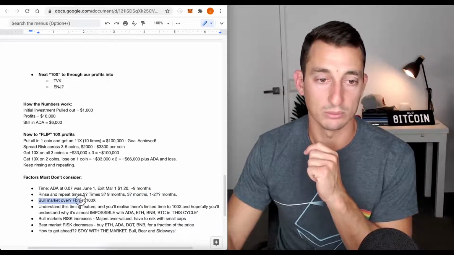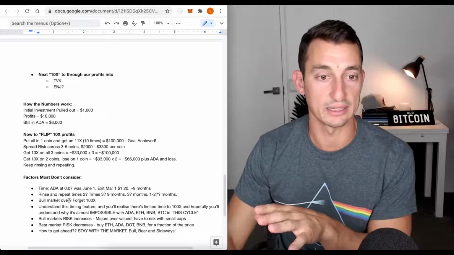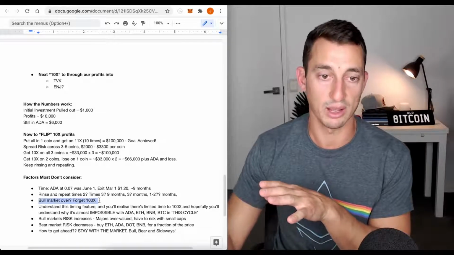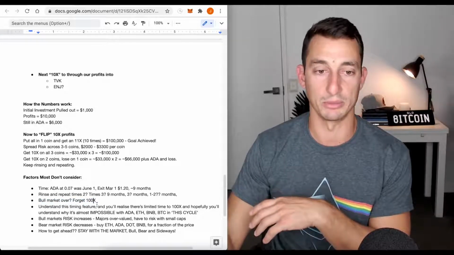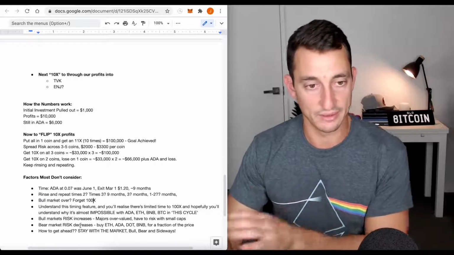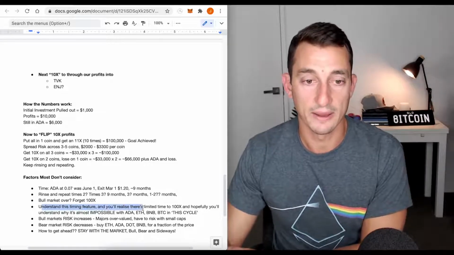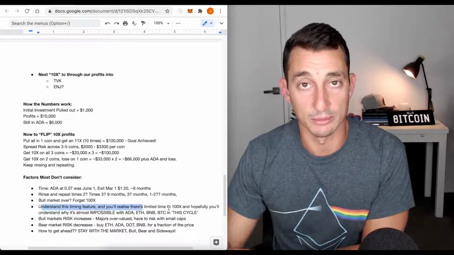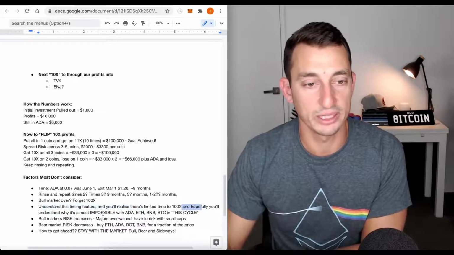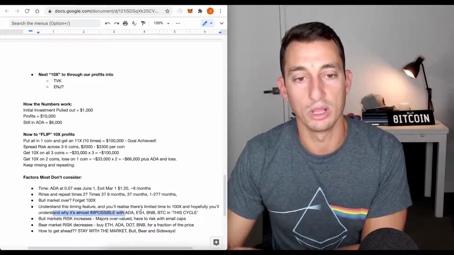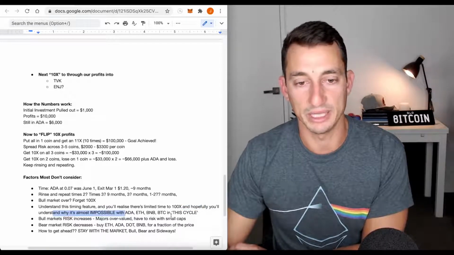Once the bull market's over, forget your 100x's. It's more than likely not happening. Now is so much easier because there's a lot of people in. Once a bull market's over, forget about it, wait for the next bull market. Understanding this timing feature, you'll realize there's limited time to 100x, and hopefully you'll understand why it's almost impossible with ADA, ETH, BNB, BTC in this cycle.